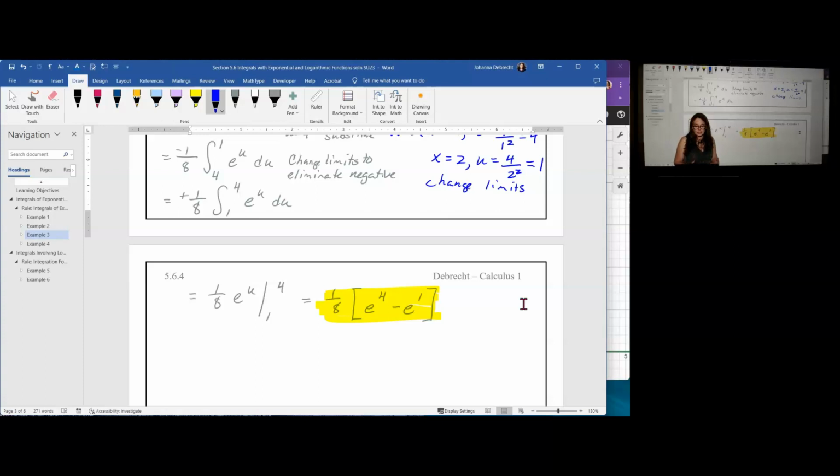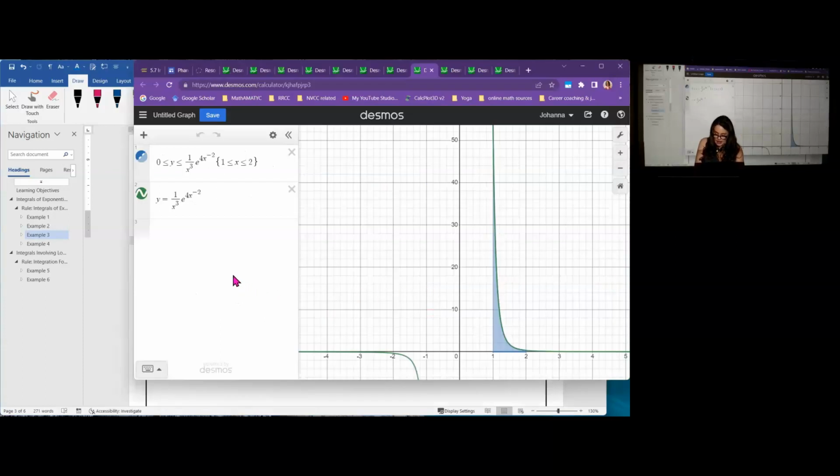Now, again, what does this represent? This represents the area between the original curve and the independent axis between 1 and 2. You can see the graph of the original function that was in the integrand, 1 over x cubed e to the 4x to the negative 2 power.